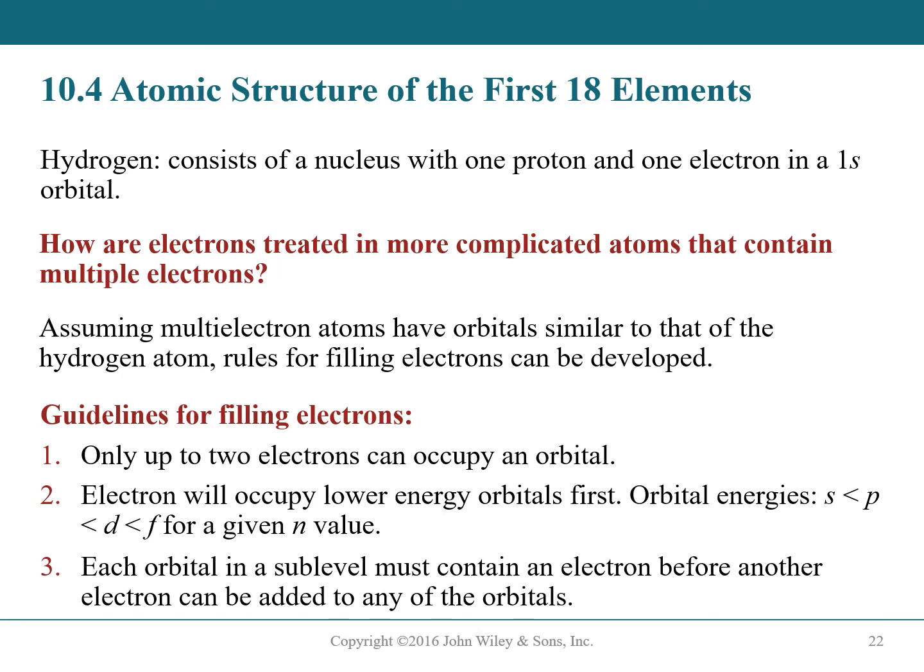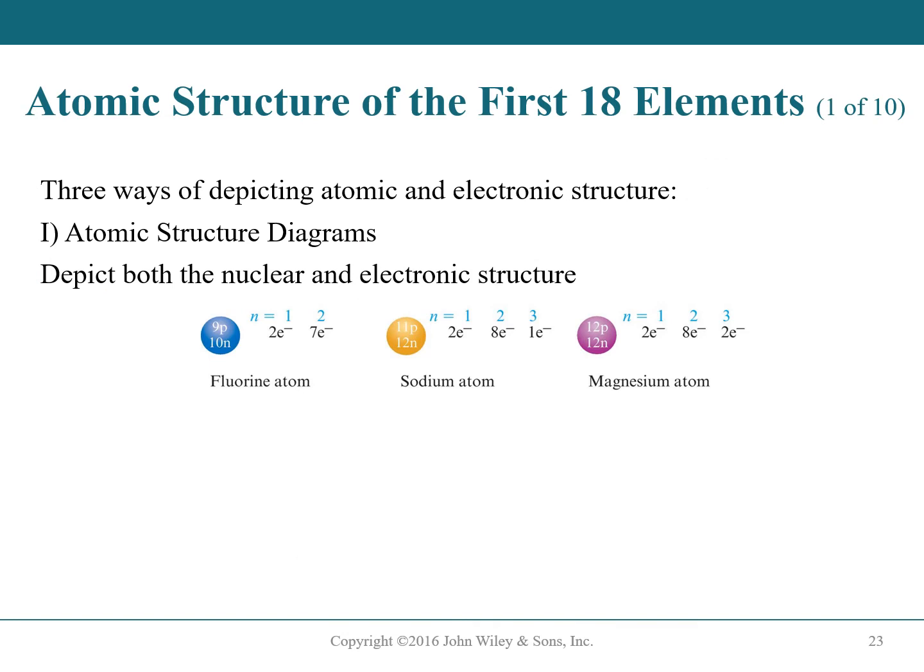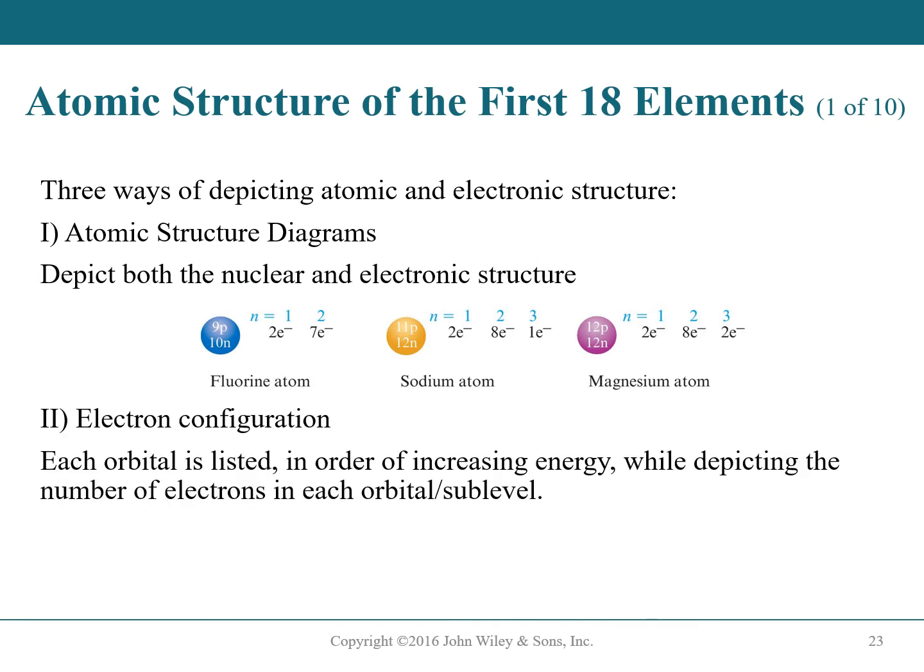And remember, as you go higher up the ladder, the energy difference between n equals 3 and n equals 4 is a lot smaller than between 2 and 3. So here's an atomic structure diagram.